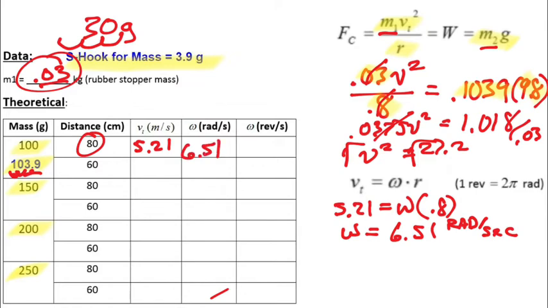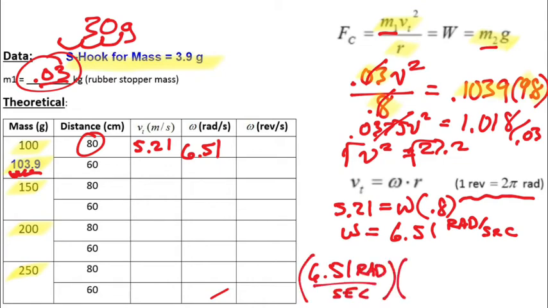So we've got 6.51 radians per second. Lastly, I don't know what that means. You know, 2 pi, that's about 1/6. I need to know, like, hey, it's spinning around twice every second, 3 times every second. How many revolutions per second? So we're going to do a little conversion here. 1 revolution is 2 pi radians. So here we go. 6.5 radians per second, multiply that by our conversion.